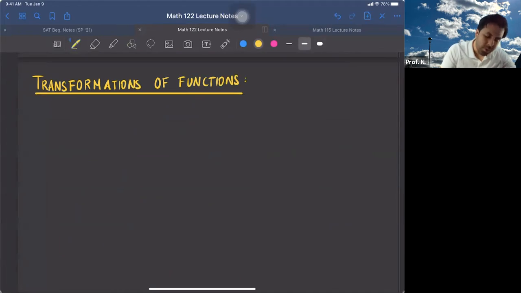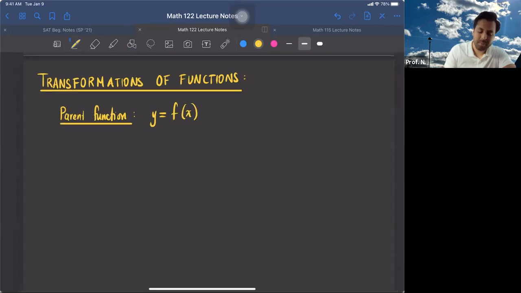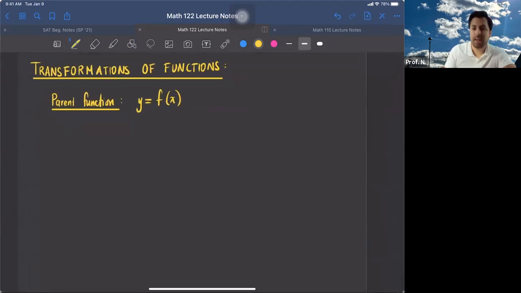We're going to start with the parent function. I'm not going to write a specific one, just a general one. So we're going to have a parent function, y equals f of x. And we're going to do several things with this function.